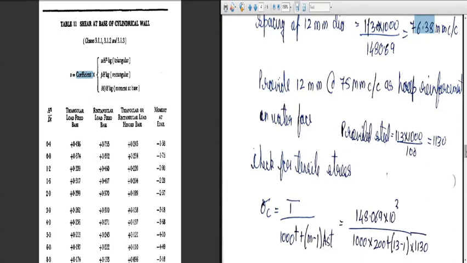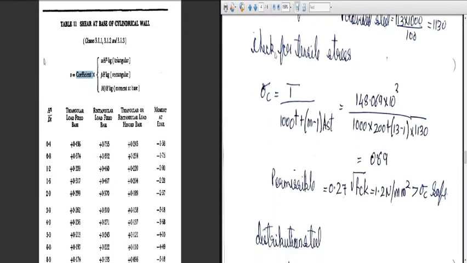So check for tensile stress. Sigma C is equal to T divided by 1000 T plus M minus 1 into AST. So the hoop tension we have calculated is 148.069 into 10 raised to 3. Then we have 1000 into T, where T is 200, that is thickness, plus M is 13 minus 1 into AST 1130, which is working out to be 0.69.